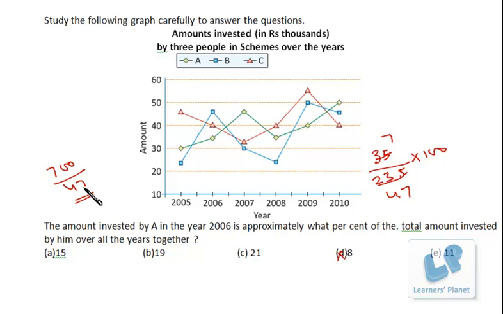Now the double of 47 is around 94. So definitely the value is less than 20. Now if we add half of 47 to it, that is 47 plus around 23, that will give us 70. So this is around 15 times this. So 15 is the correct choice, right? Quite a simple problem.